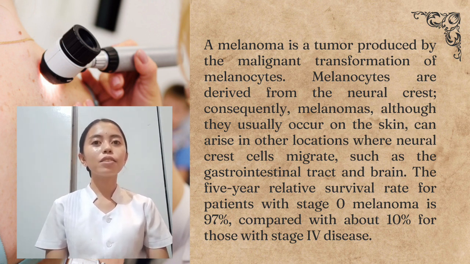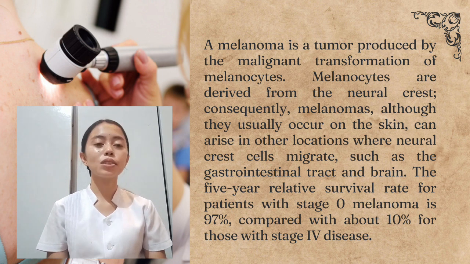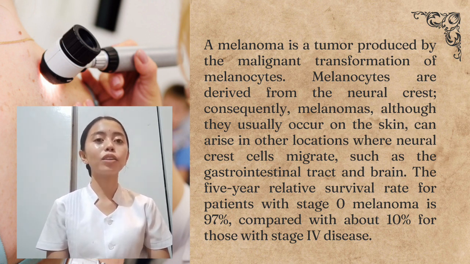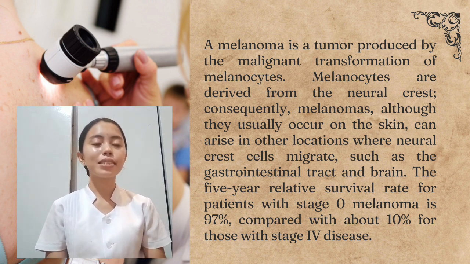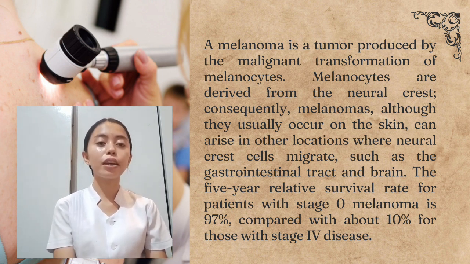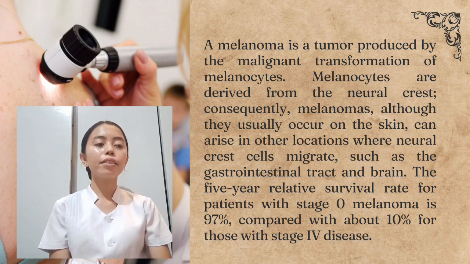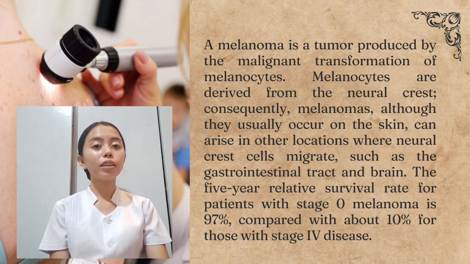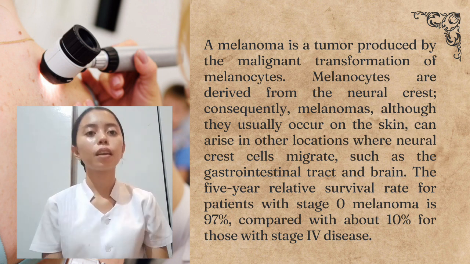The 5-year relative survival rate for patients with stage 0 melanoma is 97% compared with about 10% for those with stage 4 disease. So these melanocytes send down roots to the deepest layer of our skin, and the roots may spread or metastasize, causing new tumor growths affecting the vital organs of our body.